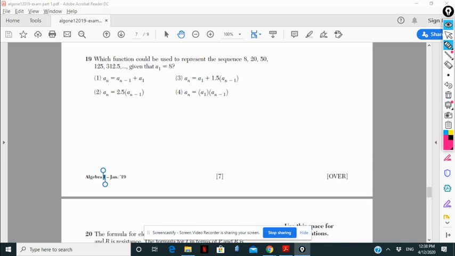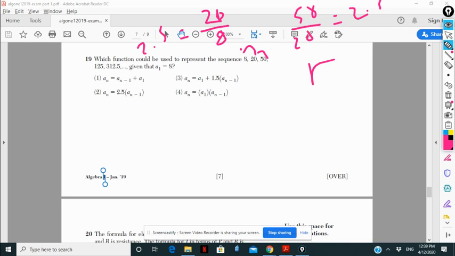Now, I'm dividing 20 over 8, which is going to be 2.5. 50 over 20, 2.5. So I'm multiplying by 2.5. So I have r equal to 2.5. That's the rate.